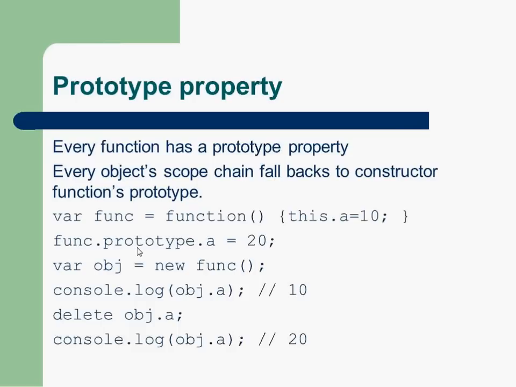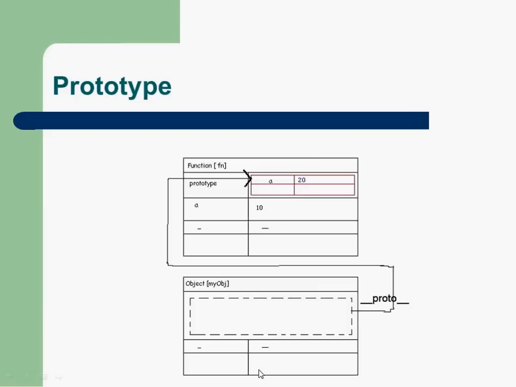Let me use the other slide. That's why I've added all those images, because otherwise it's very hard to describe them. So a function is an object, and every object is like a hash map, a key-value pair. So a function is also an object with a special property, prototype, which is further an object.